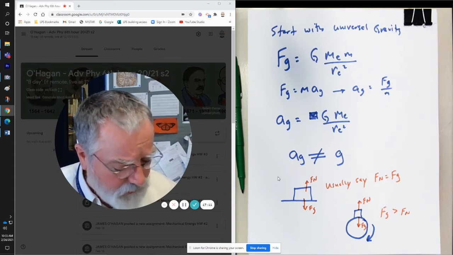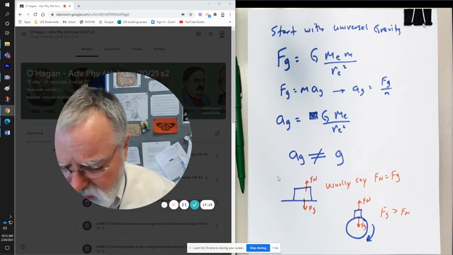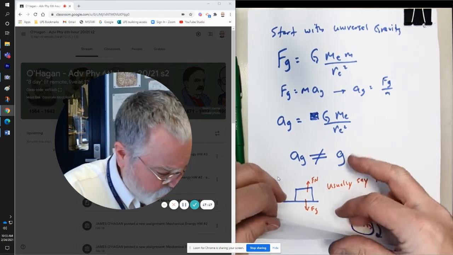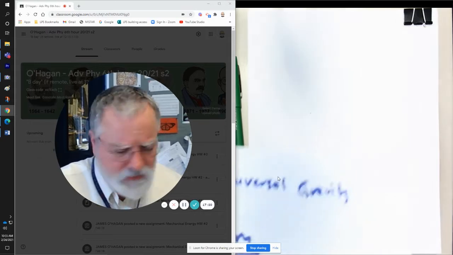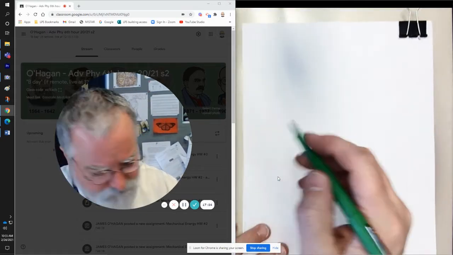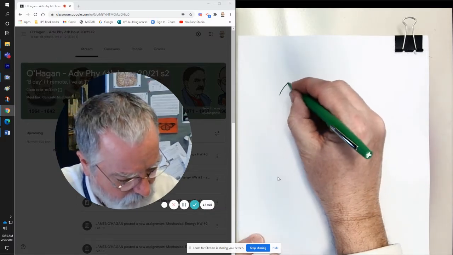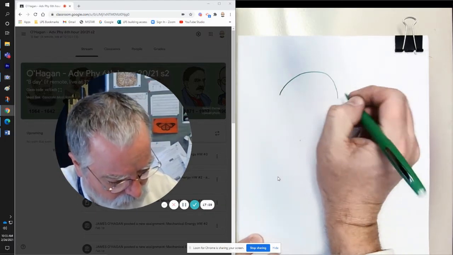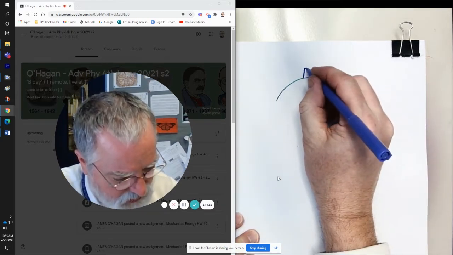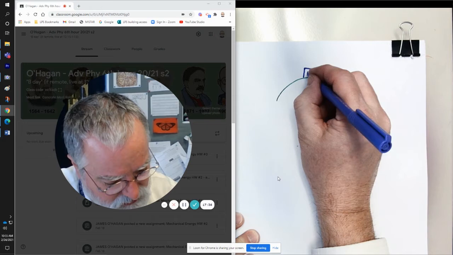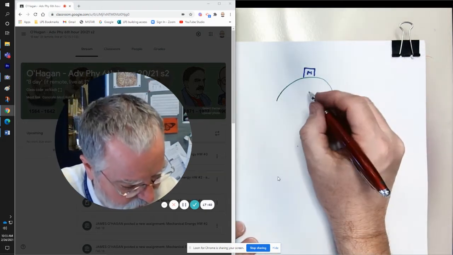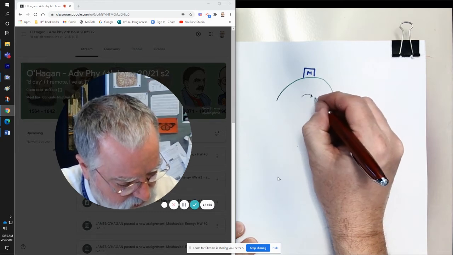All right. I'm going to redraw this again on the next page, and then we'll take this a little bit further. Okay, so there's the Earth. Onto the Earth, we're going to put some object, and that object, of course, has mass. And the Earth has some angular velocity, which I will say, hey, it's going around with some omega.